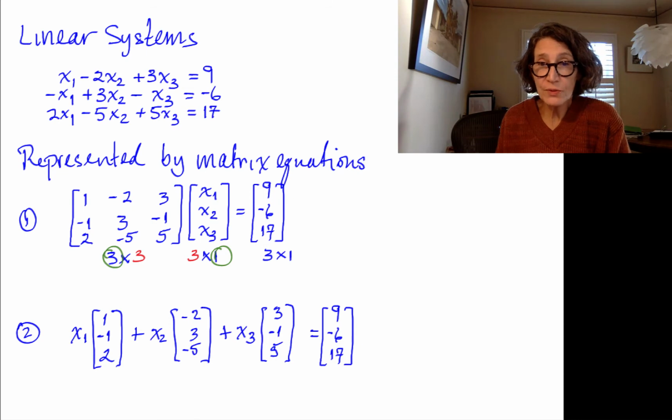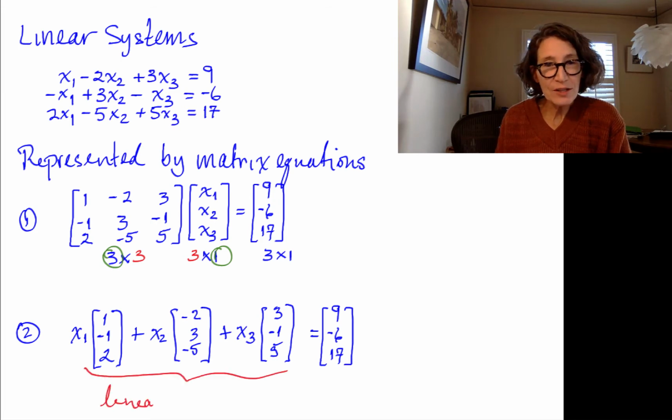And if you do the math on the left side, if you multiply the first column vector by x1 and add it to x2 times the second column vector and add that to x3 times the third column vector, you will get the matrix product right above, and you'll get the system that they both represent.